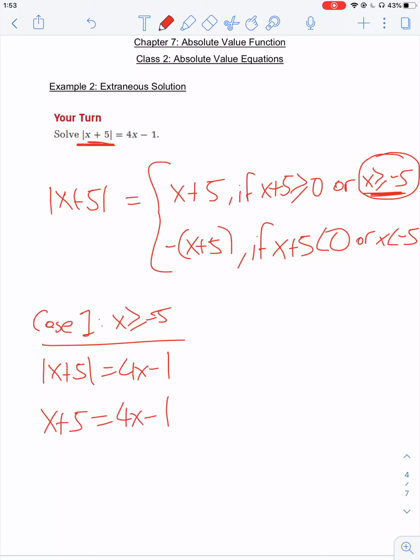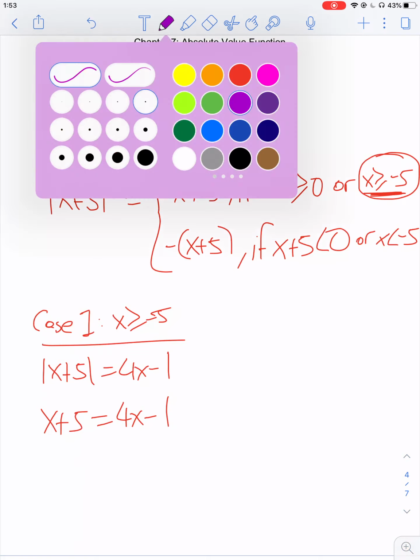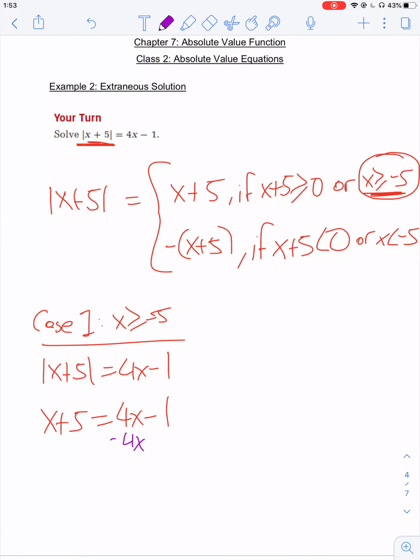So just move your variables to one side and your numbers to the other side. I like to keep my variables on the left, so I'm going to move this 4x over. Let me show my steps: minus 4x, and then minus 5.